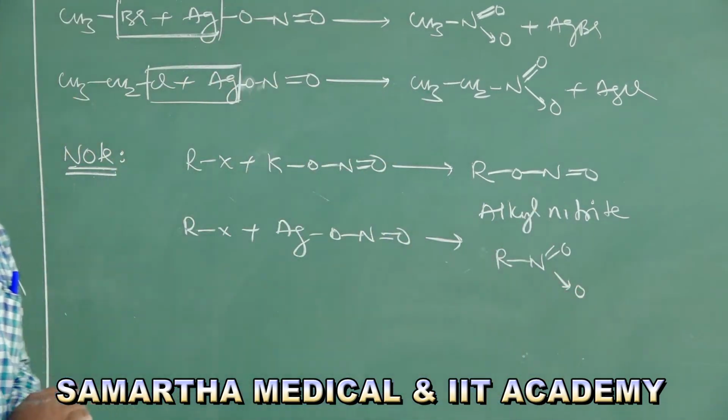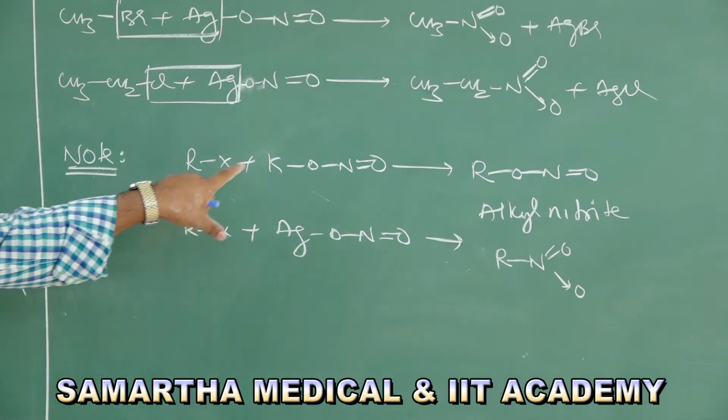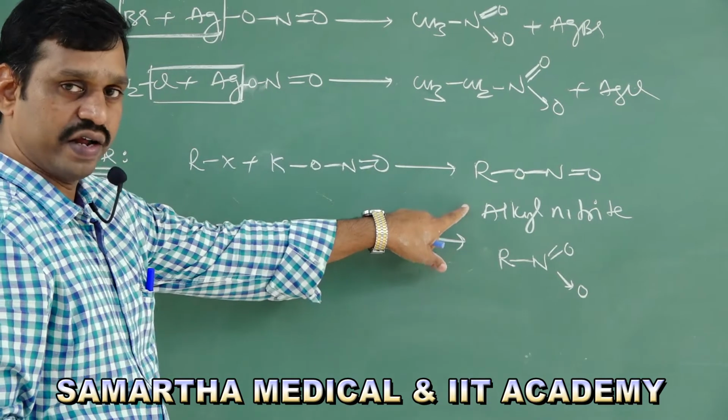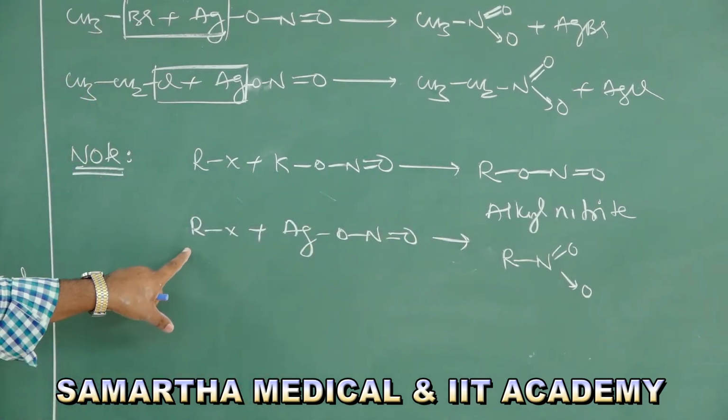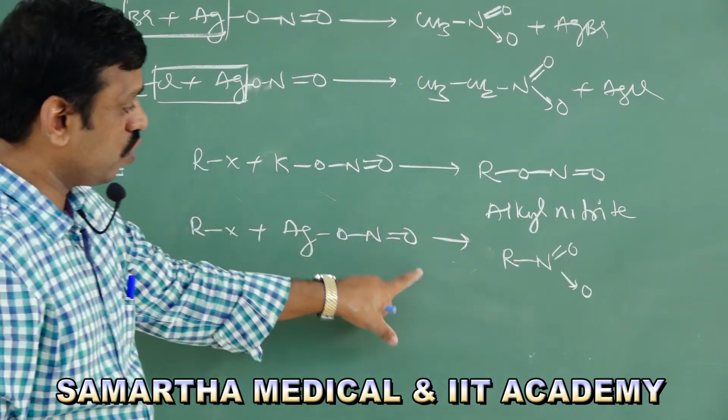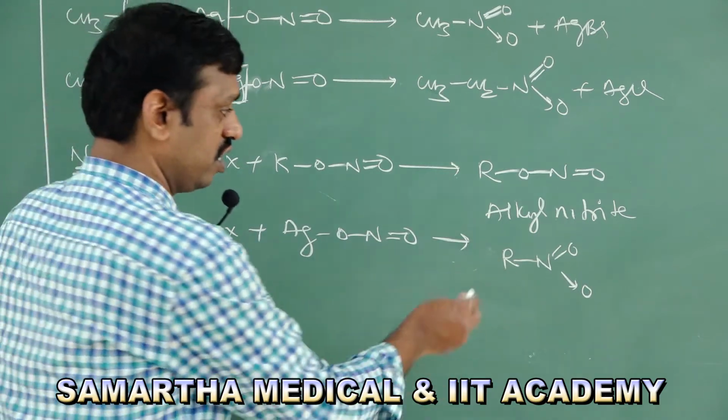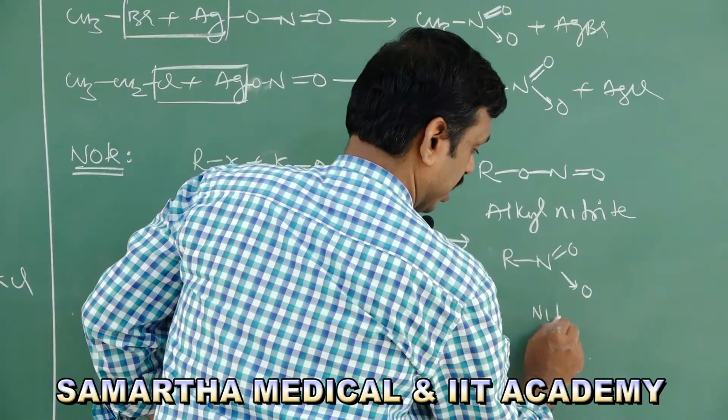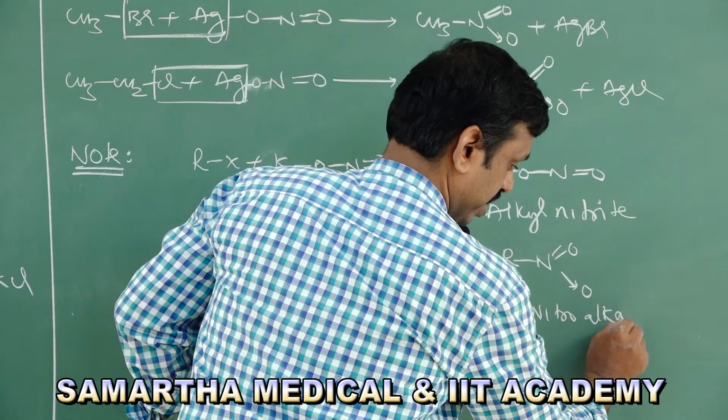Why? Question is simple. Alkyl halide reacts with potassium nitrite, it forms alkyl nitrite. Whereas alkyl halide reacts with silver nitrite to form nitroalkane. So why this difference?